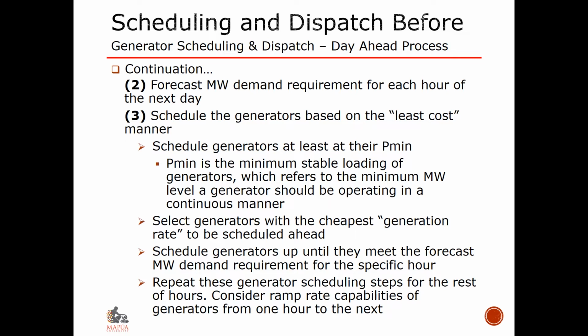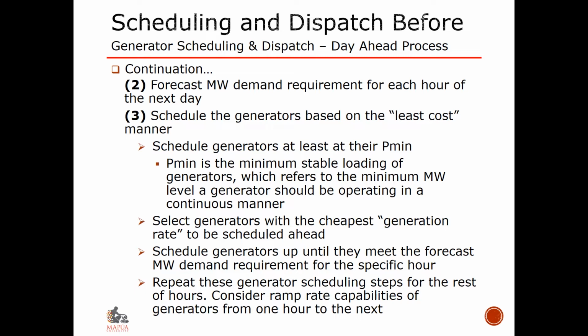So first, they will have to schedule R1. For R1, let's say there's like 10,000 megawatts. Now I have a generation capacity that was declared for me around 14,000 megawatts. So obviously that generation capacity of 14,000 is sufficient to cover the 10,000.